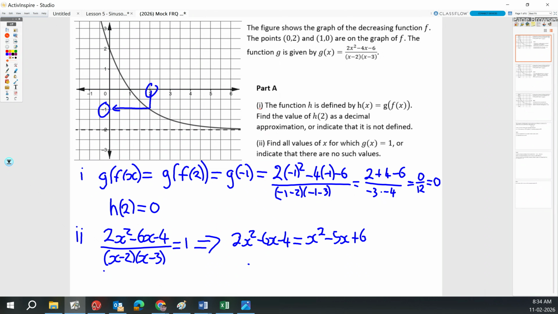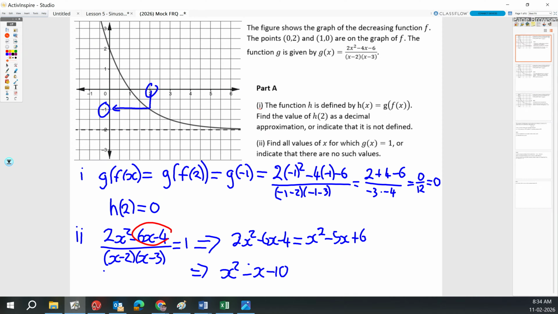And we need to rearrange it into a single polynomial, so that's going to be x squared, add that to minus x, subtract this, minus 10. Did I do that right? Oh, I see.